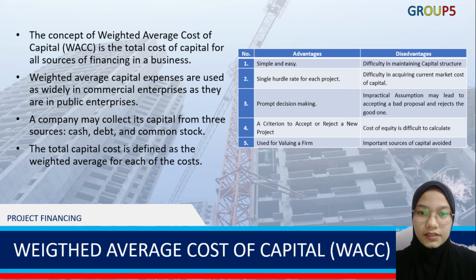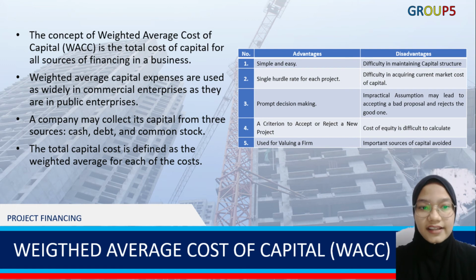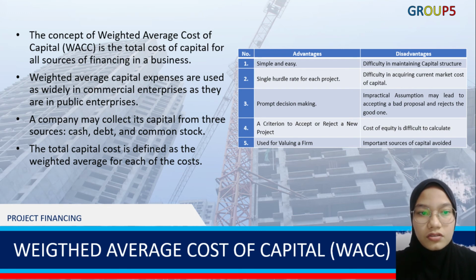There are some advantages and disadvantages of WACC. The advantages of WACC are that it is simple and easy, a single hurdle rate for each project, and prompt decision making. The disadvantages of WACC are difficulty in maintaining capital structure, and cost of equity is difficult to calculate. Important sources of capital are also avoided.